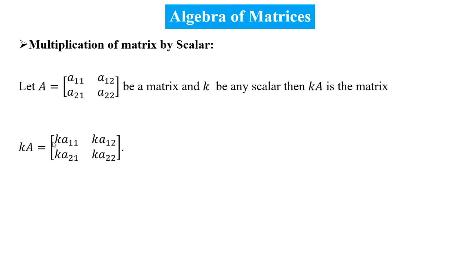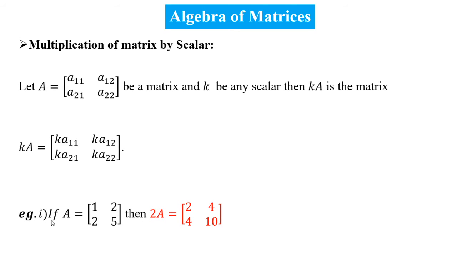Then KA has elements K multiplied by A11, K multiplied by A12, K multiplied by A21 and K multiplied by A22. So it has become another matrix, known as KA.